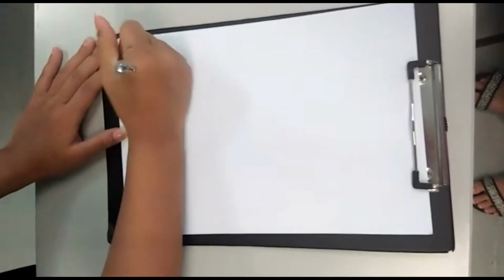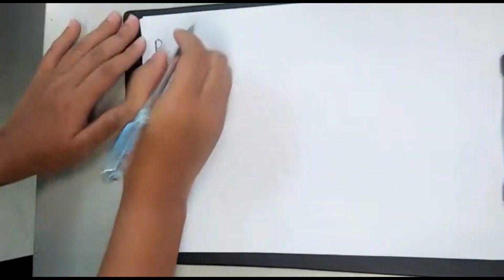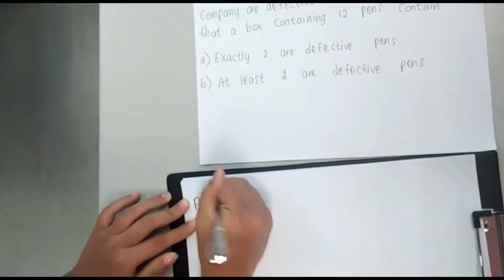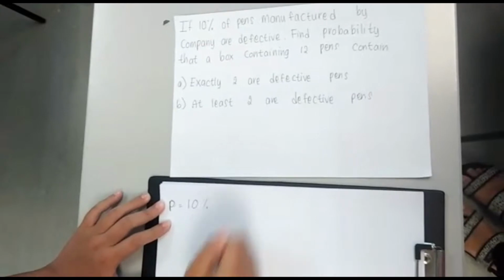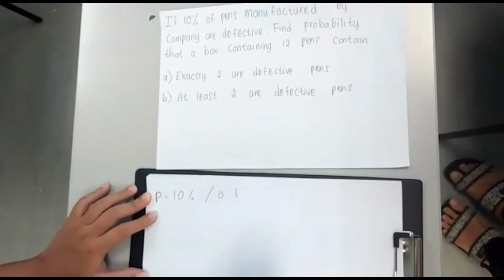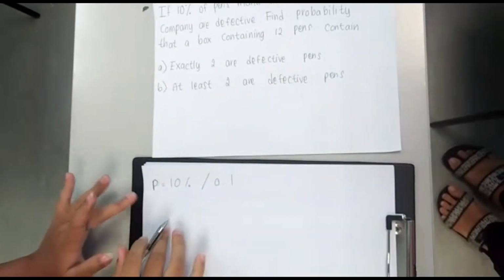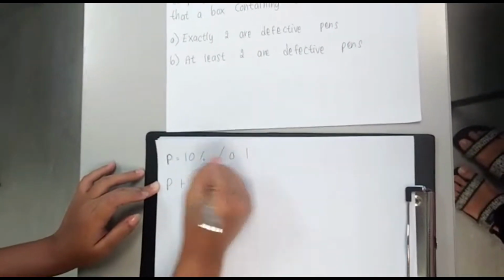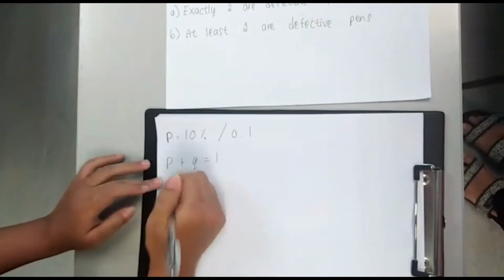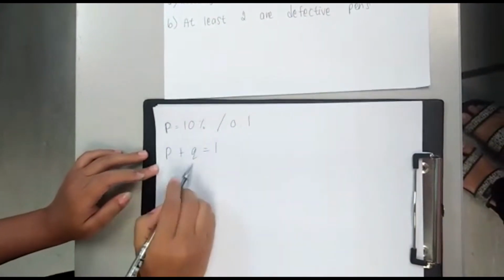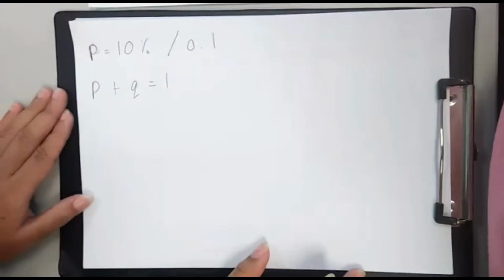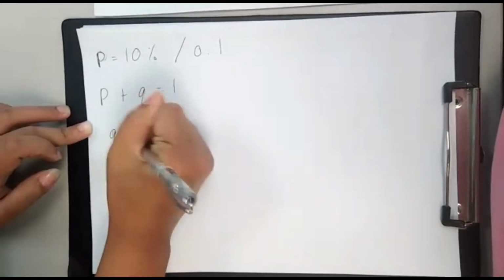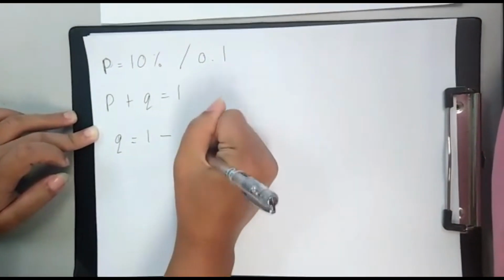Probability of success is represented by p. As we know, p is 10%, also 0.1. So for probability of failure, we know that p plus q equals 1, so we need to find q. q is 1 minus p.